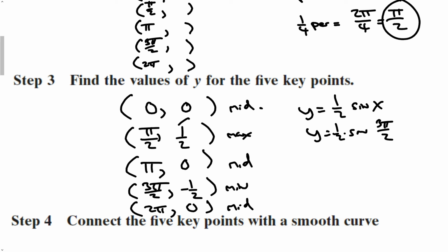Notice that the max and min happen to be the positive and negative amplitude. We can usually use that unless, of course, we shift the function up and down, and then there are going to be different formulas when we put this all together. But for now, we can use this pattern to help us graph this function.